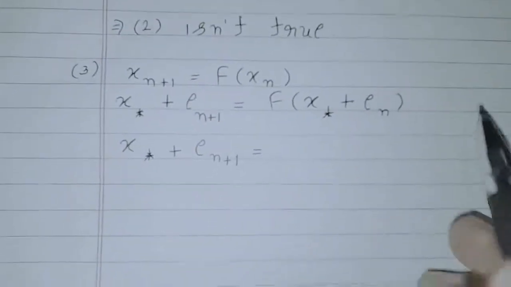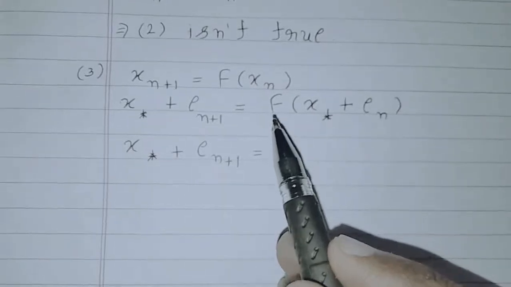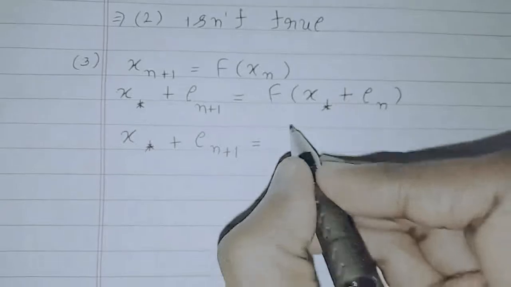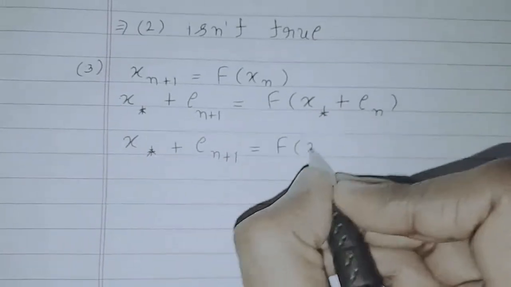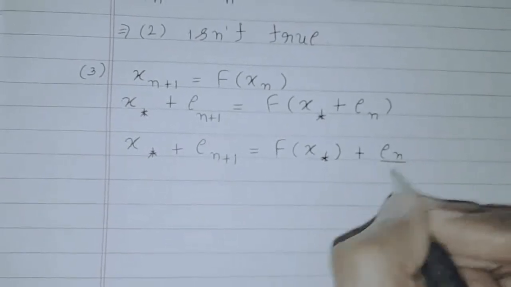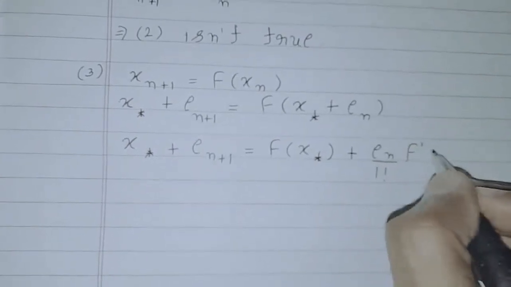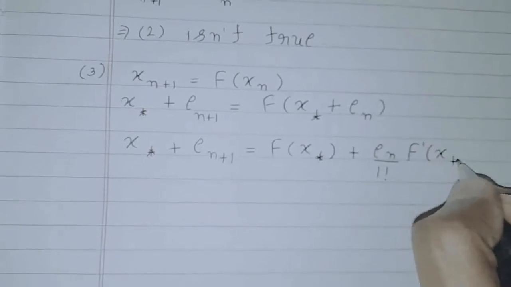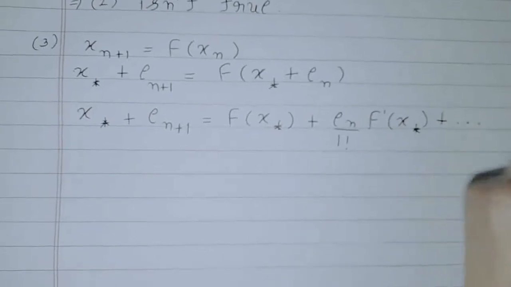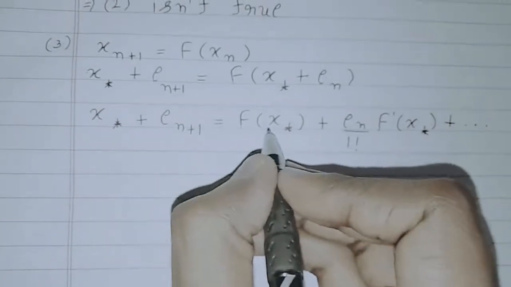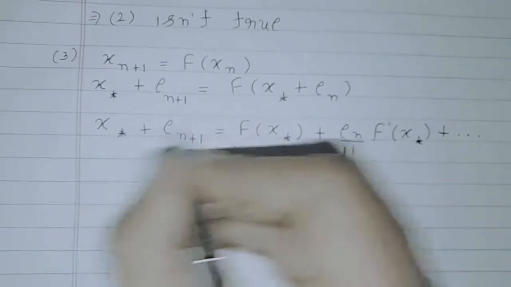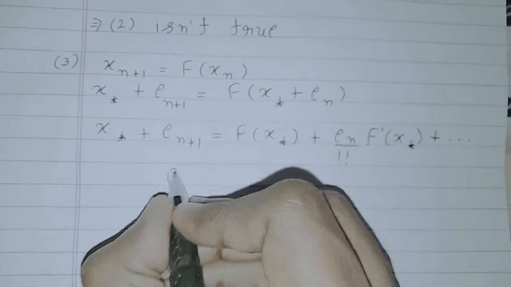Now, since en is very small, we can expand this expression by using Taylor's theorem, and then we obtain. Now, since at x asterisk f of x asterisk equals x asterisk, therefore these two terms are cancelled, and now we are left with the following.